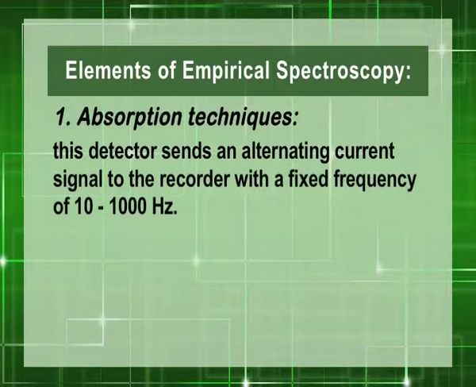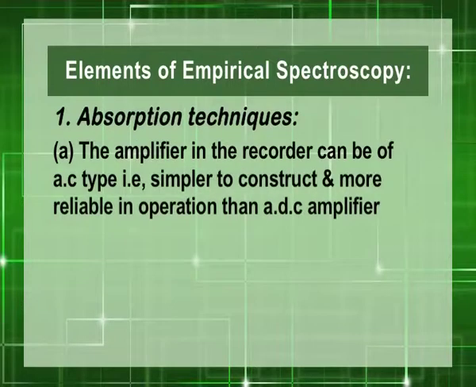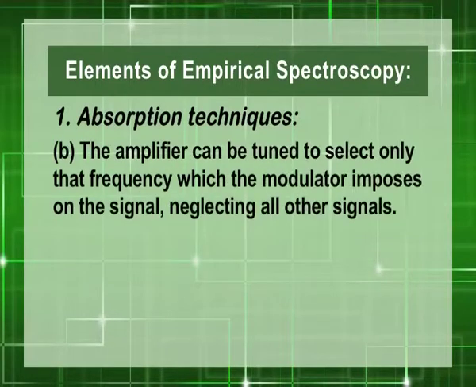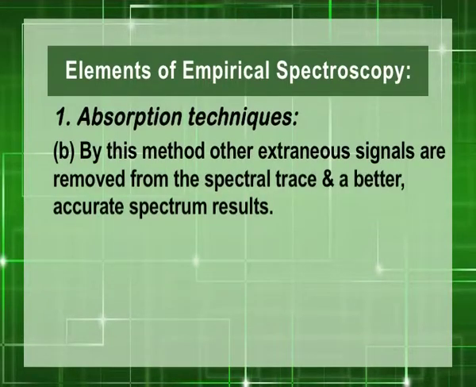The two main advantages of this technique are that the amplifier in the recorder can be of AC type, which is simpler to construct and more reliable in operation than a DC amplifier, and the amplifier can be tuned to select only that frequency which the modulator imposes on the signal, neglecting all other signals. By this method, other extraneous signals are removed from the spectral trace and a more accurate spectrum results.